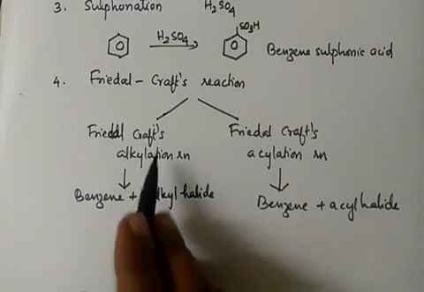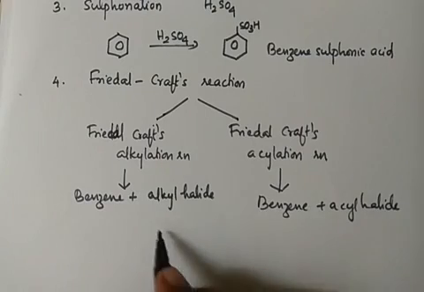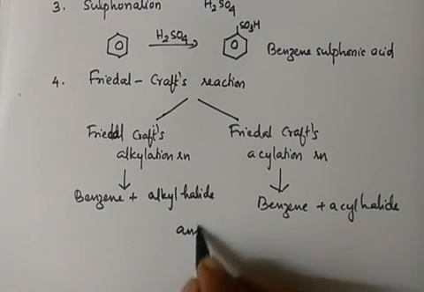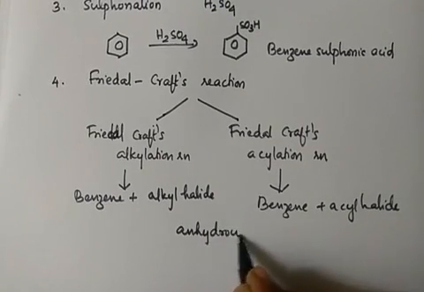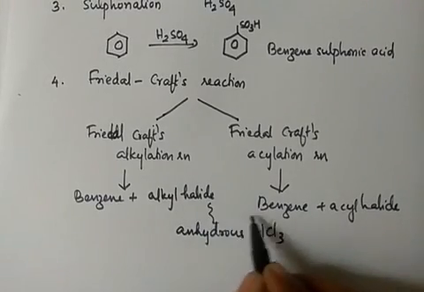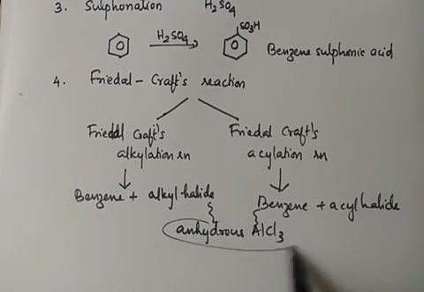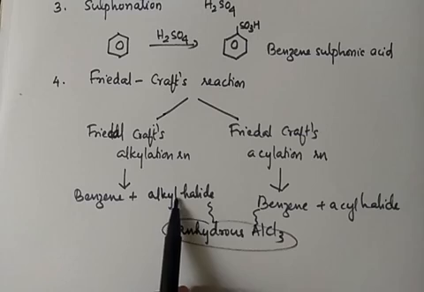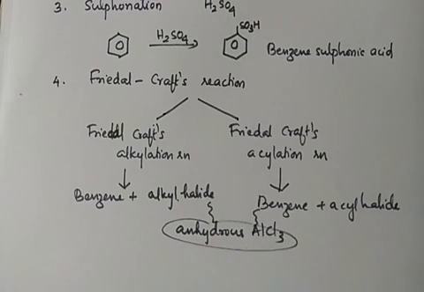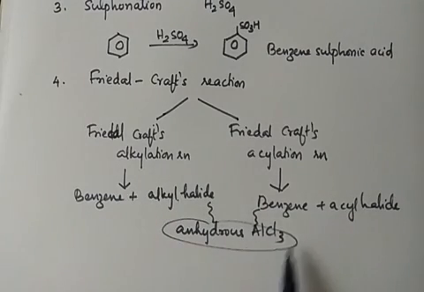In both the acylation reaction and the alkylation reaction, anhydrous aluminium chloride is used. When benzene reacts with an alkyl halide in presence of anhydrous aluminium chloride, the reaction is called alkylation reaction.